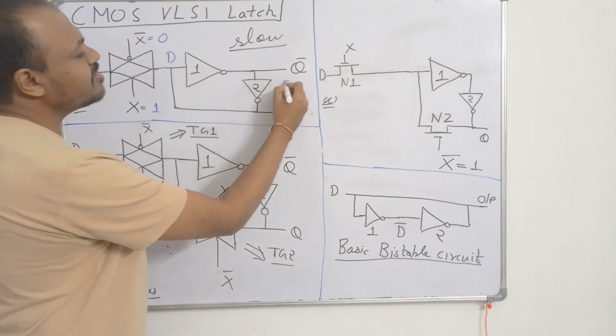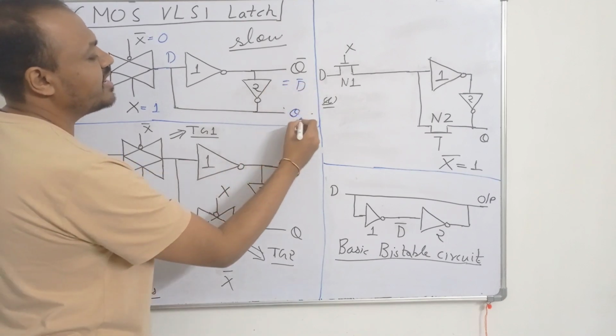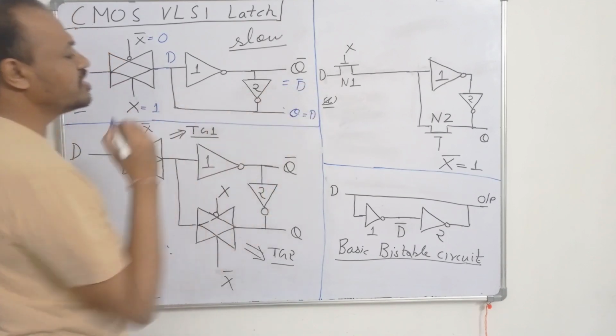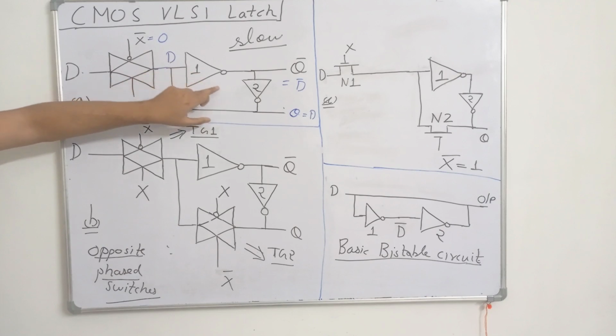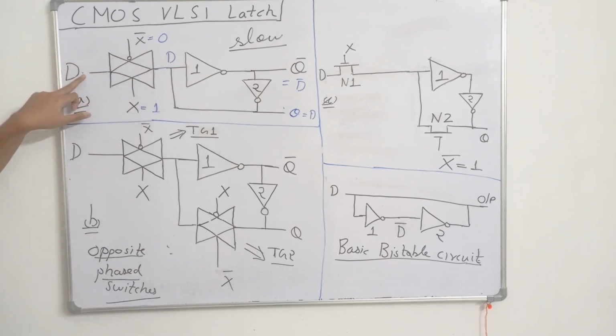Q bar will be equal to D bar and Q will be equal to D. You can see that the input X is like an enable signal. When X is equal to 1, it enables the loading of this circuit with the input D, and when X is equal to 0, the transmission gate cuts off the input from the circuit.